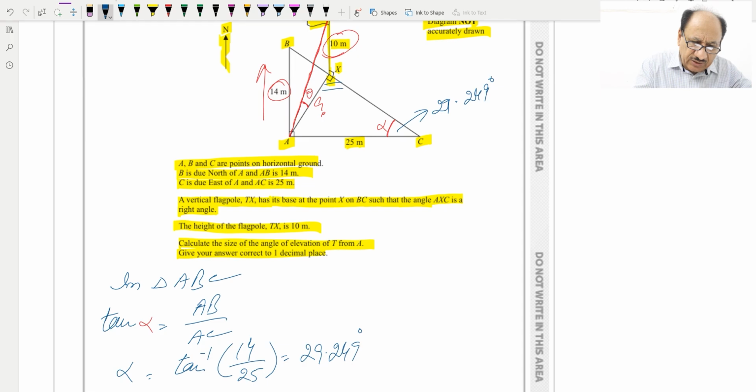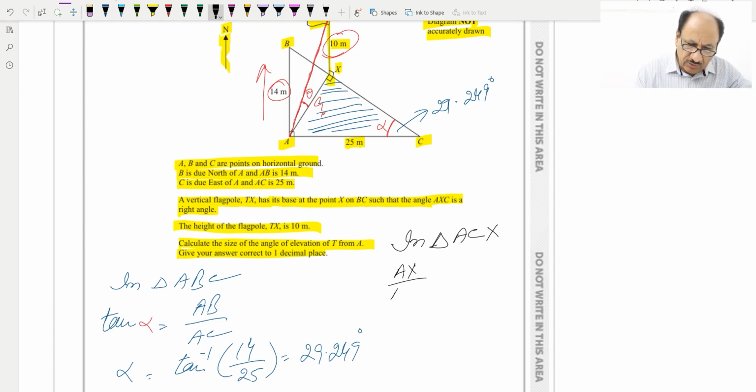Now if we consider this triangle ACX, in triangle ACX we can write AX over AC will be equal to sine of the angle which we just found, 29.249 degrees, and AX we need to find.